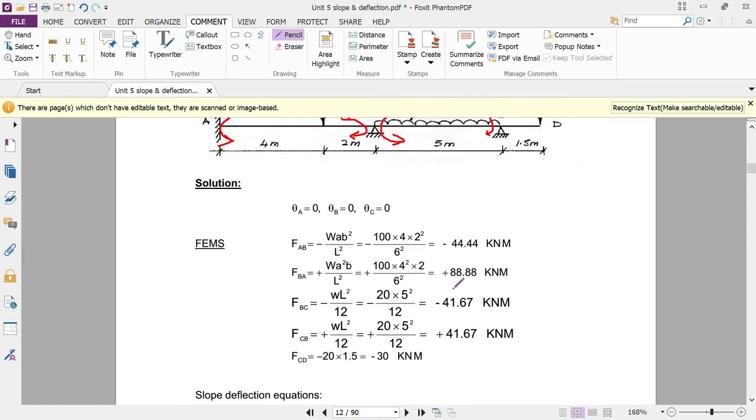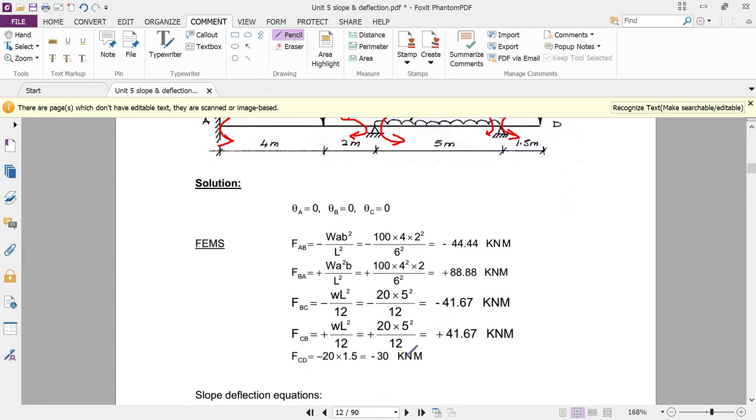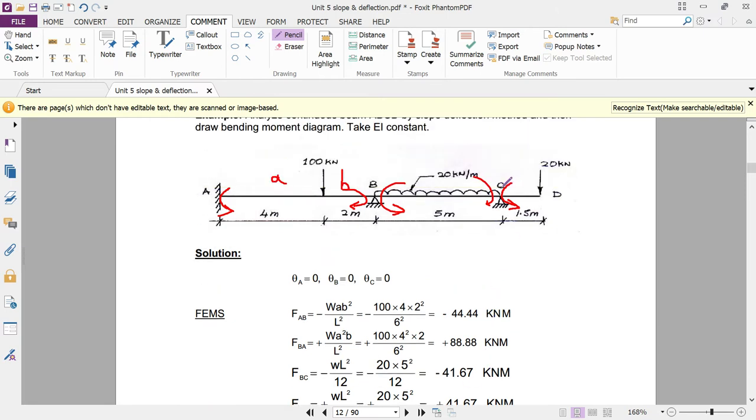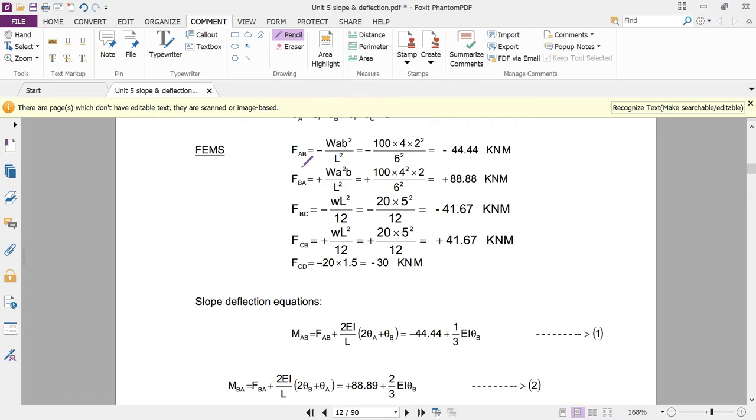Now for FCD, directly here the moment will be formed as an anti-clockwise moment. The force is already acting and the distance is already given, so 20 into 1.5, the answer will be equal to minus 30 kilonewton meter, and here the sign convention will always be anti-clockwise. So initially we have calculated the fixed end moments of the individual spans.